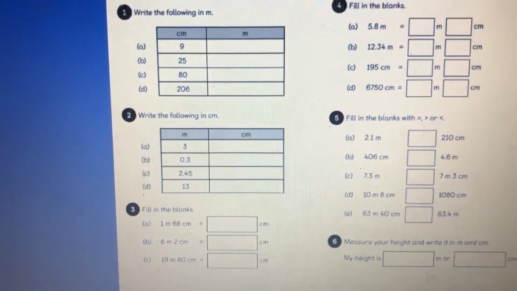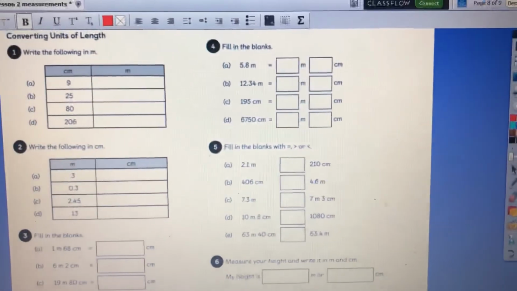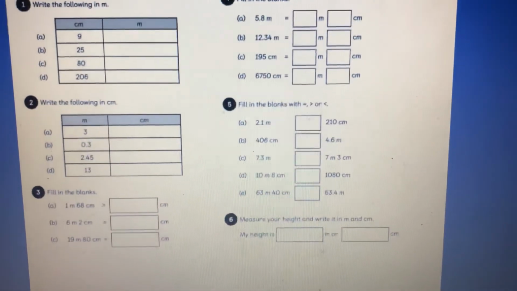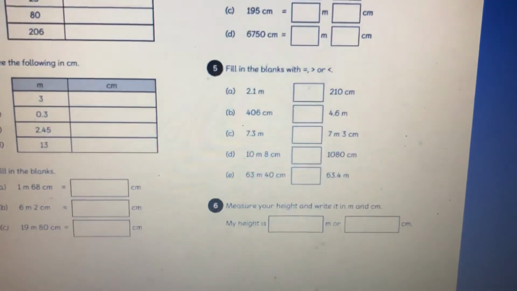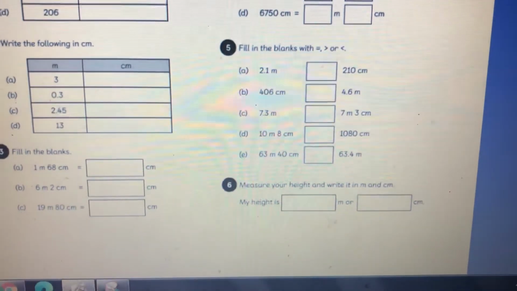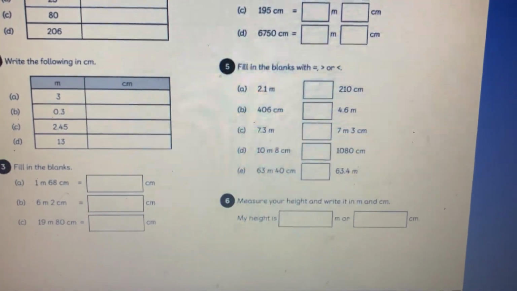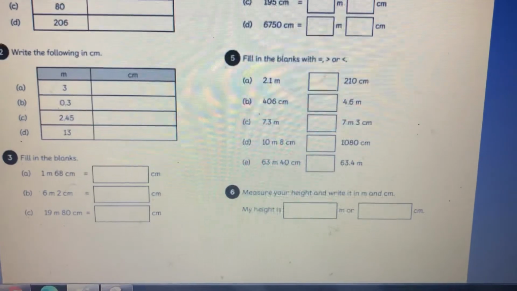And then for the rest of them, you have to just fill in the blanks as it is asking. And the last one, if you have a tape measure and have somebody to help you, I would like you to measure yourself and work out your height in metres or in centimetres.